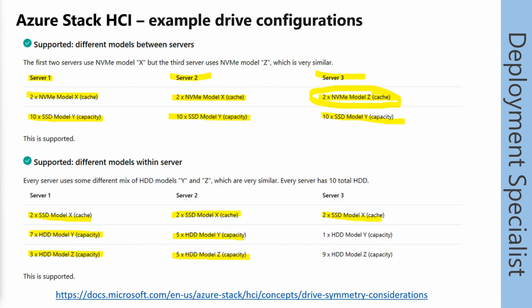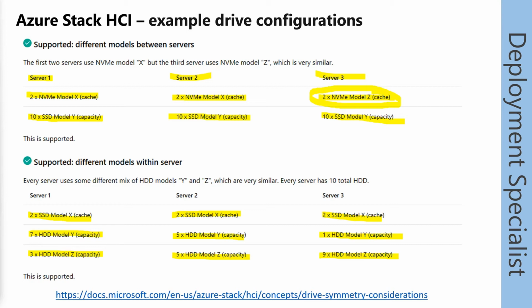In the second server, we have 5 from each type. And in the last server, we have 1 from the first type and 9 from the second type. This might happen if you replace drives, might especially happen if your OEM provides replacement drives from the same category regarding performance, size, and throughput, but not from the same hard disk vendor.